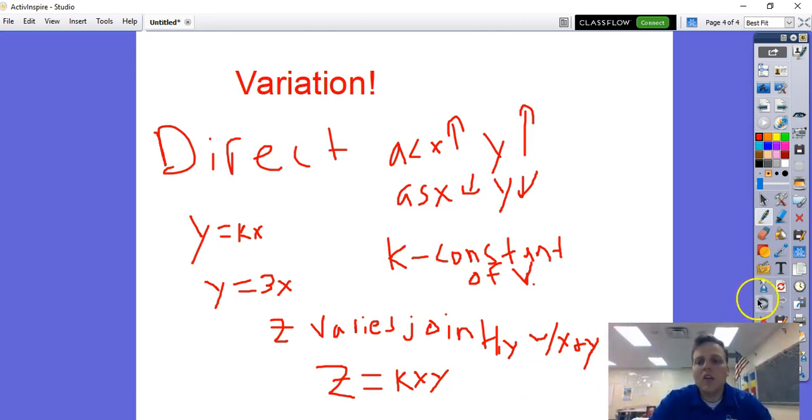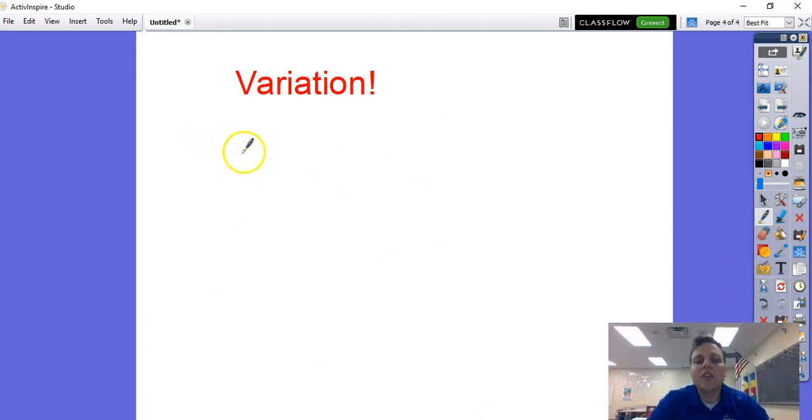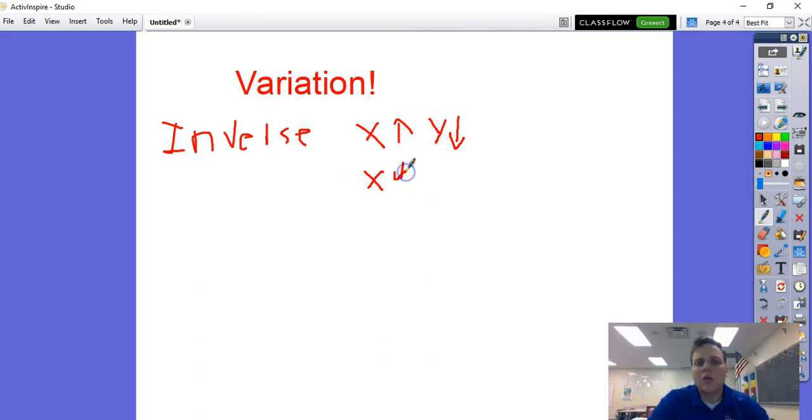So then what is this other form of variation? I keep talking about direct, so what's another form of variation? Indirect. Another word we might say for that is inverse variation. Inverse variation means that as x goes up, y goes down, and as x goes down, y goes up.